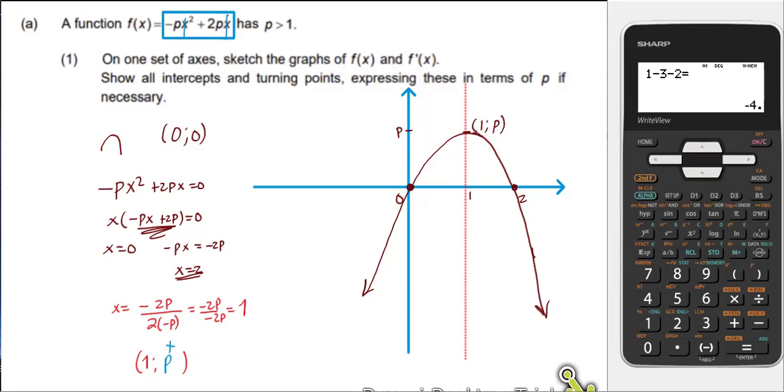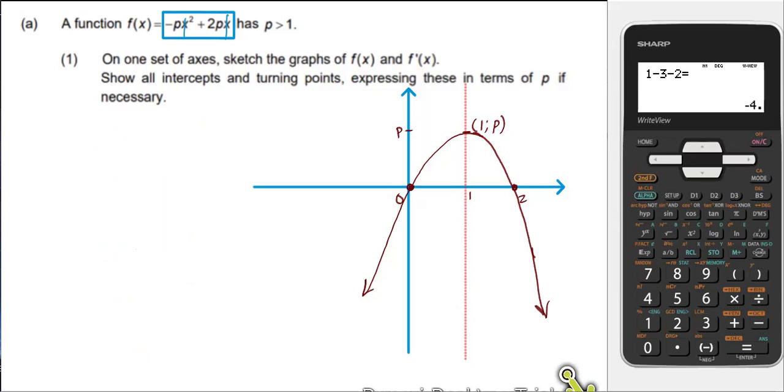All right, so they wanted me to draw the derivative. If they want me to draw the derivative, I can derive the equation f prime of x. When I derive it, it's minus 2px and then plus 2p.